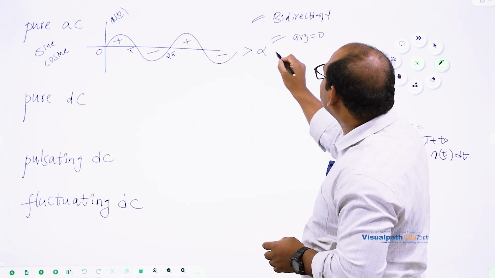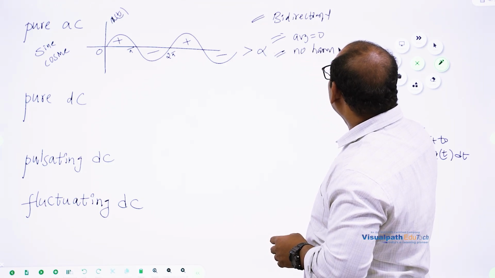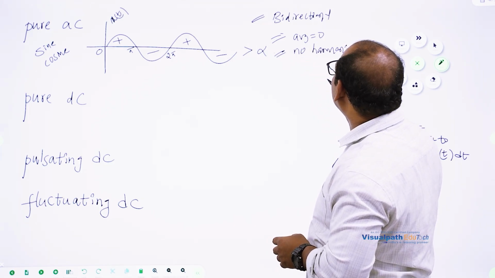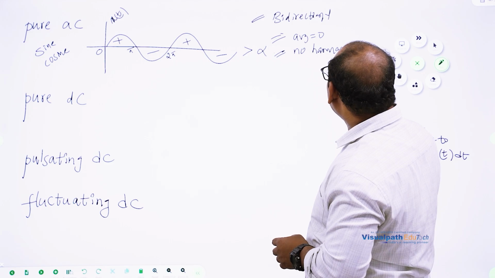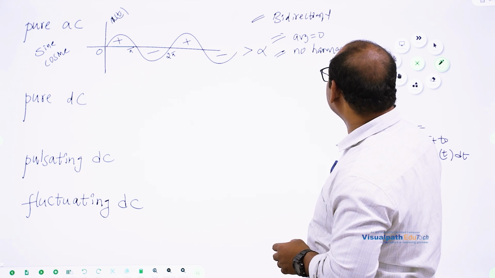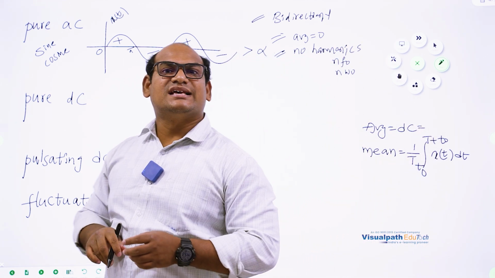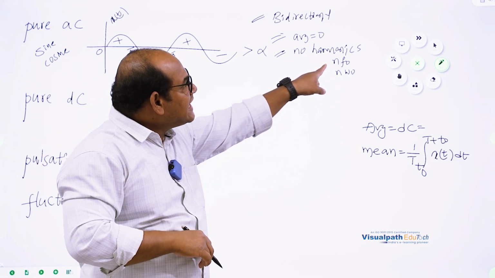And one more thing: no harmonics. What is harmonics? N into f naught or N into omega naught. Omega naught is the fundamental frequency. f naught is also the fundamental frequency, but f naught is measured in hertz and omega naught is measured in radians per second. So what is N into f naught?